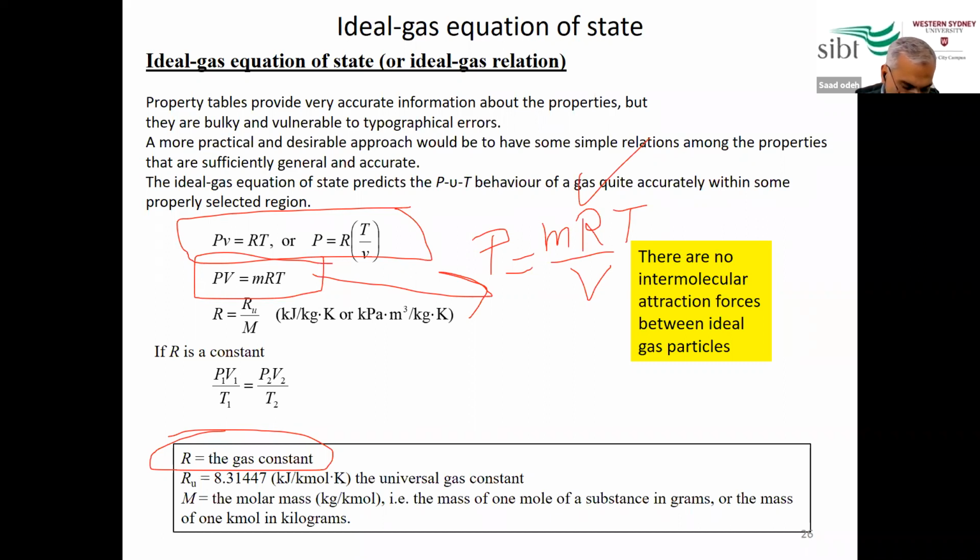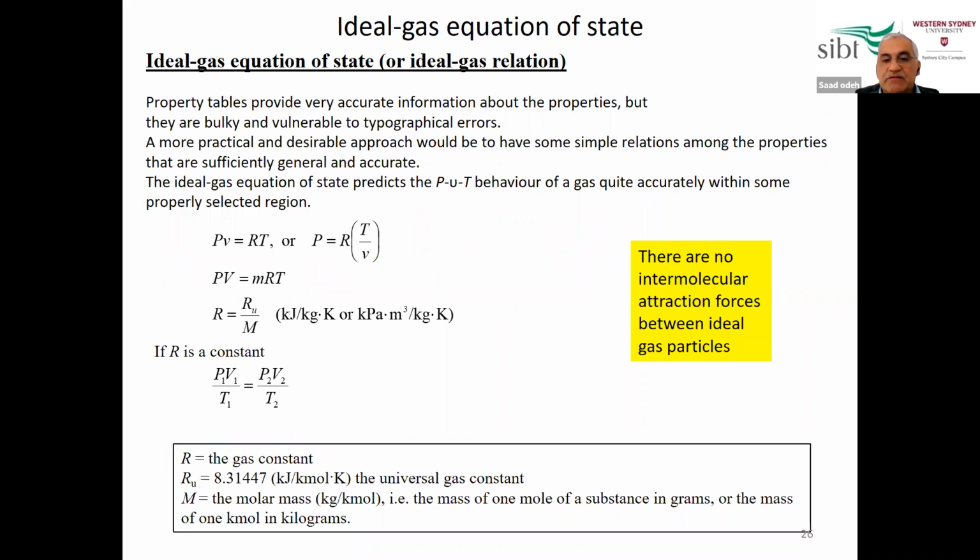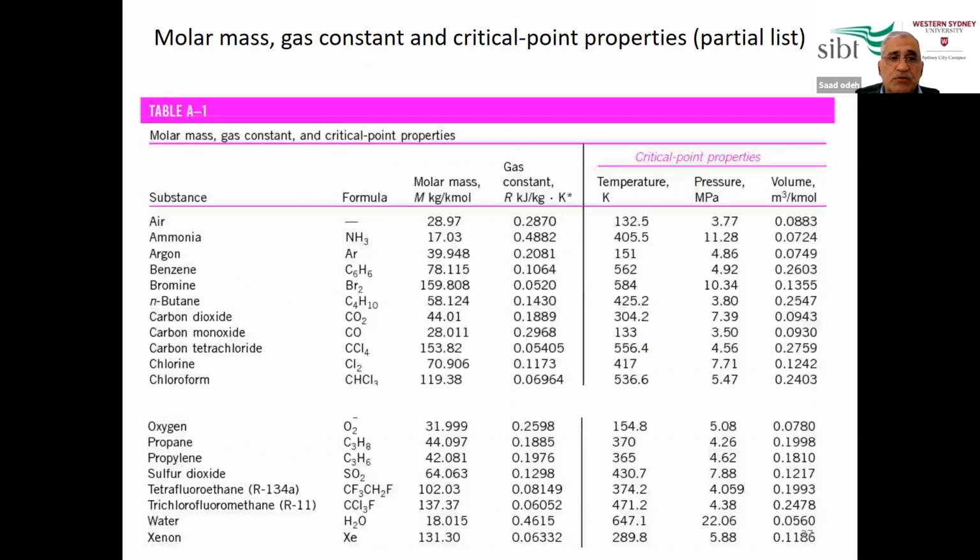I will show you these tables very soon. And in the table, you can find out the R value for each gas, or ideal gas. And this is table A1, as you can see. So for example, for air, we have the gas constant R, which is 0.287.